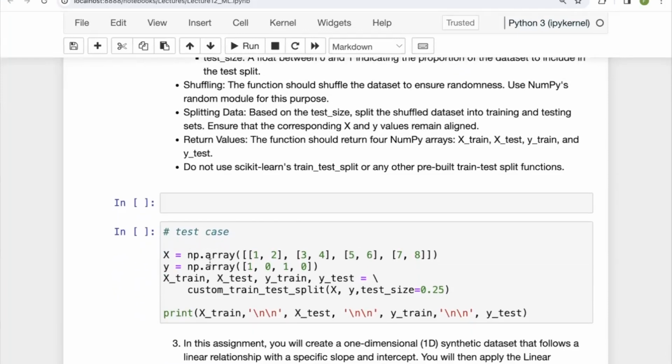And here we have one example that we have X, which has 4 rows and 2 columns, and Y is the array with 4 elements. And so we want to here divide these data into training and testing such that the testing set size should be 25%.